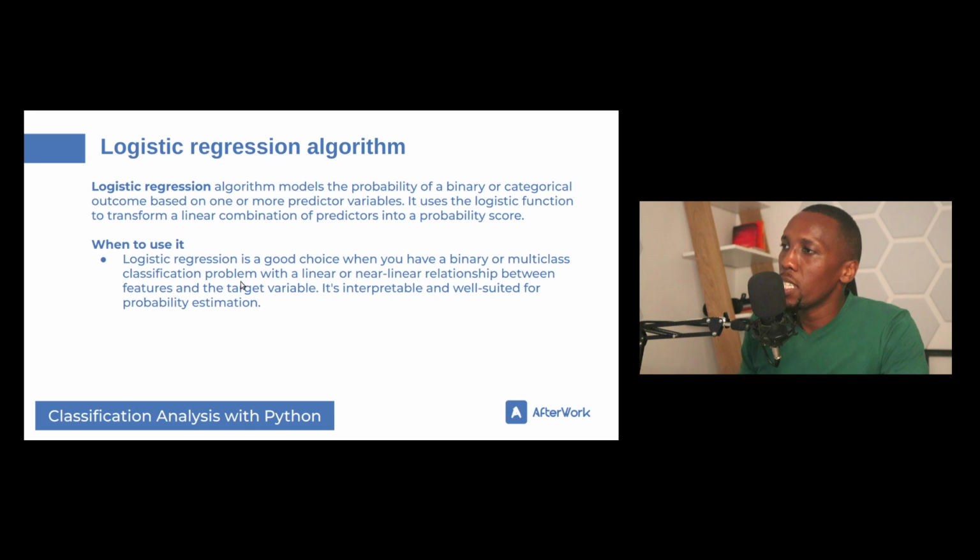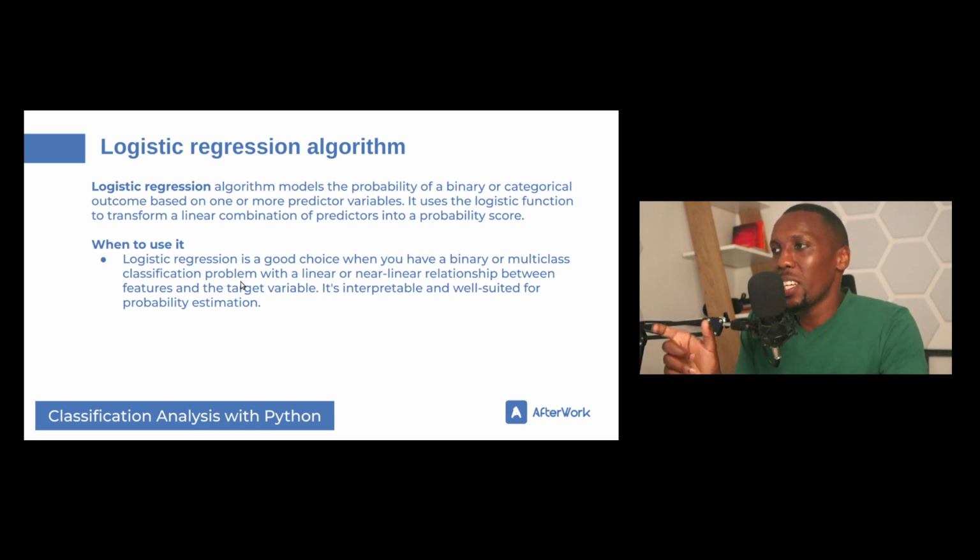This is something that you can test using something like a pair plot, which will give you multiple scatter plots, or you can even check the Pearson correlation coefficients for the different variables with respect to the target variable, and ensure that it works. So if that exists within your data set, then this logistic regression algorithm is a good one to use in that situation.